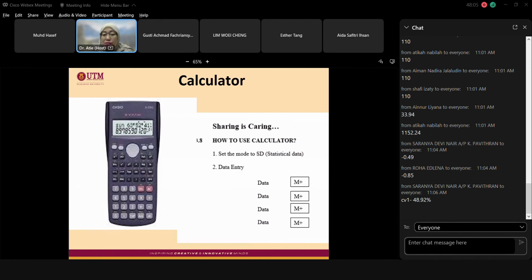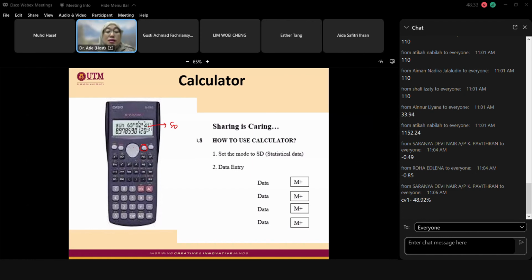So the first thing that you need to do, everyone, please set the mode to SD. You need to press the mode button, I think it's this button right here. Press it until SD appears here. Once you get this SD, you just press equals, I think.